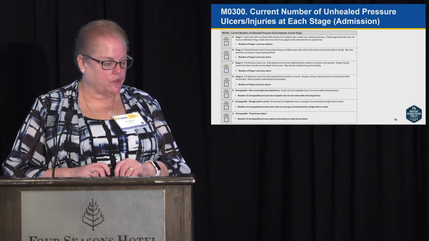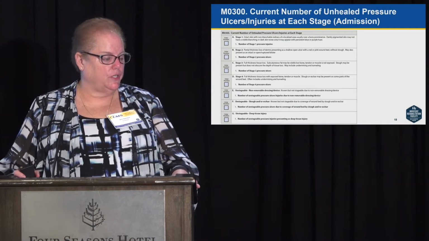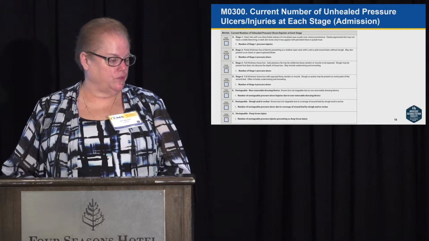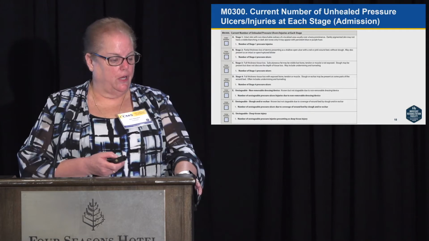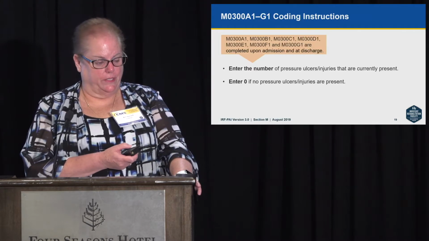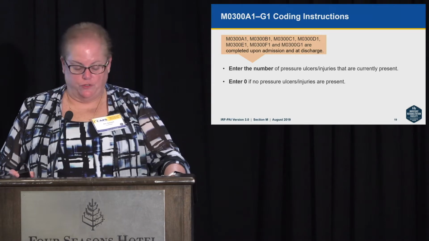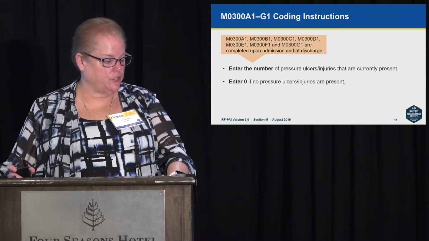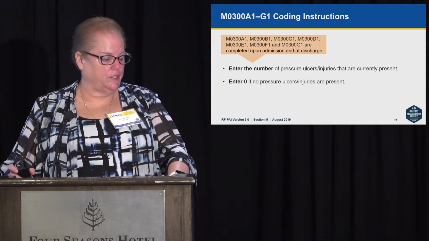So here's just a screenshot looking at on admission, the current number of unhealed pressure ulcers or injuries, and we are going to go through each one of these questions and through our examples. So M0300A1 through G1, for the coding instructions here, we're going to complete this upon admission and at discharge.